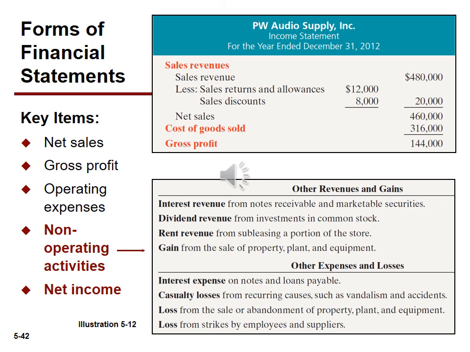So that is for the other revenues and gains. And the other expenses and losses most commonly include interest expense, casualty losses, loss from the sale or abandonment of property, plant, and equipment, PPE, and loss from strikes by employees and suppliers.